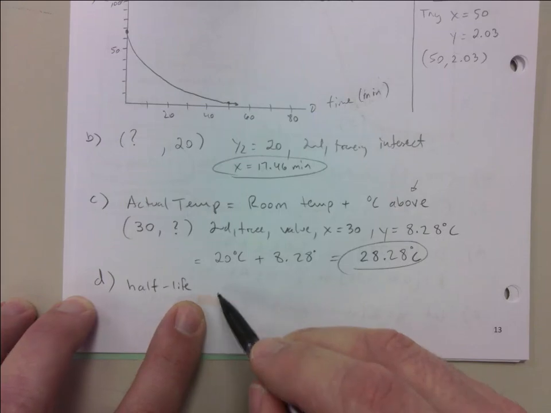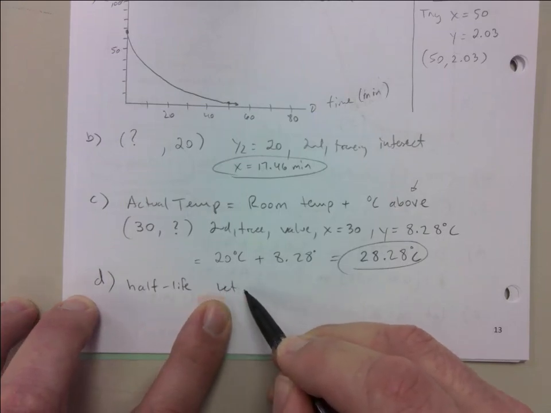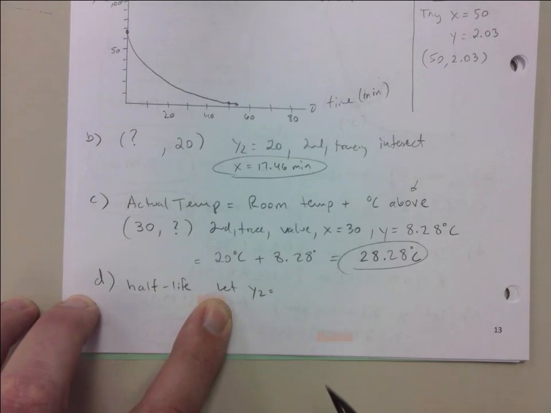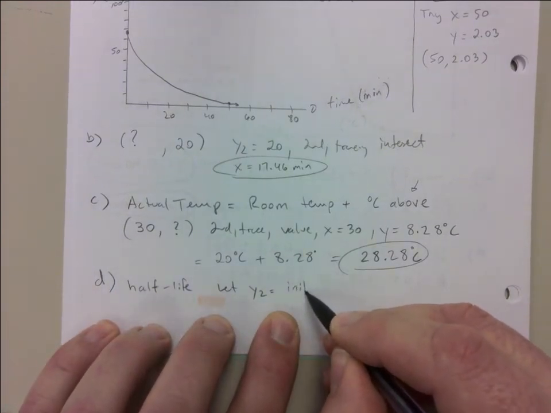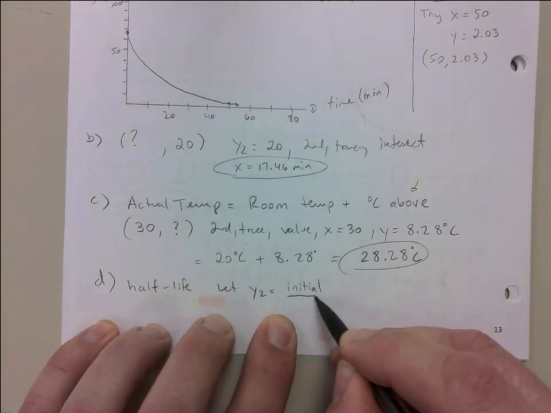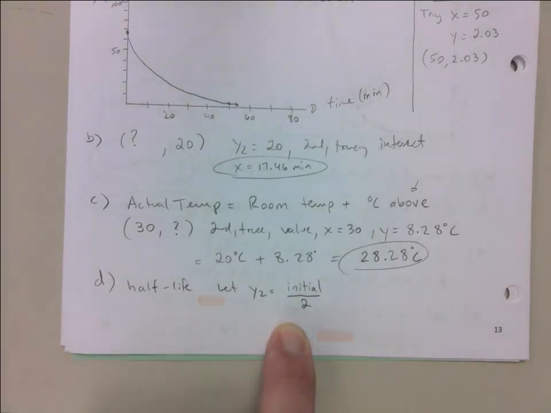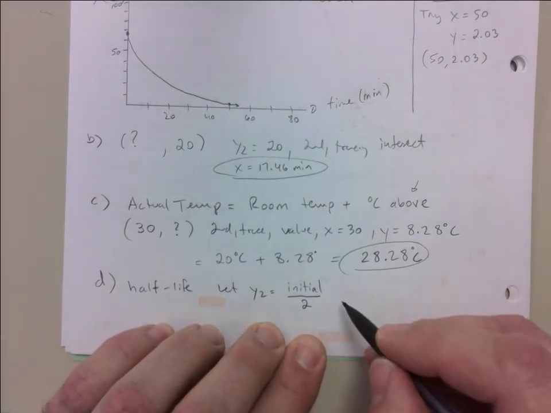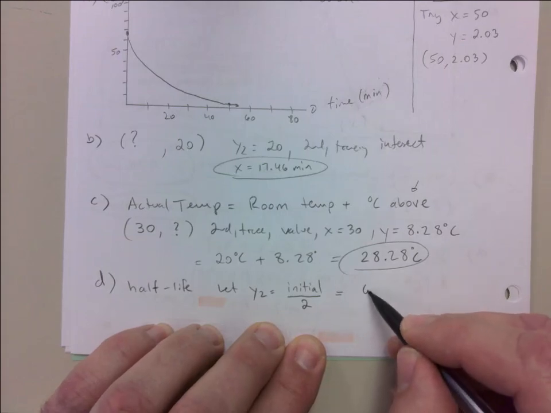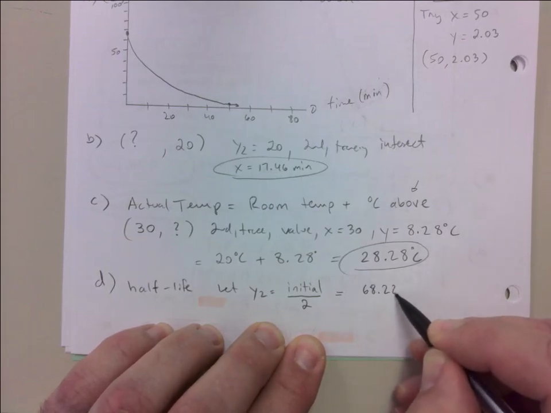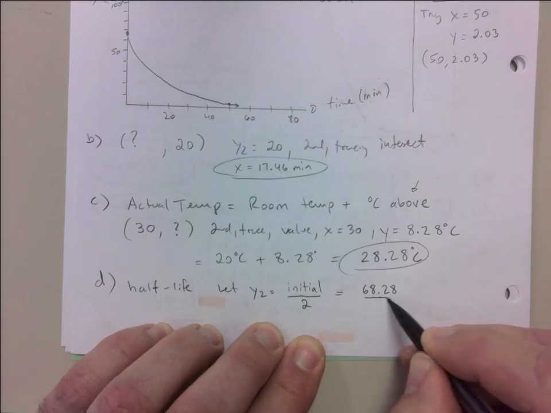What we need to do is let Y2 be initial divided by 2. Whatever your initial temperature was, we need to divide that by 2. So what is our initial temperature? 68.28 divided by 2.